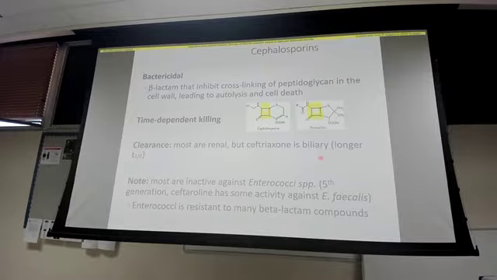When we're looking at these, kind of similar again to our penicillins, we have bactericidal, and then that same beta-lactam ring. So what you see here can be inhibited or cleaved by our beta-lactamases. When you're looking at this, you have, again, that renal clearance except for your ceftriaxone, which is biliary.